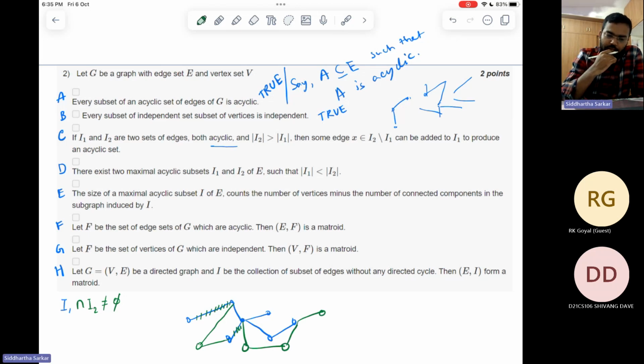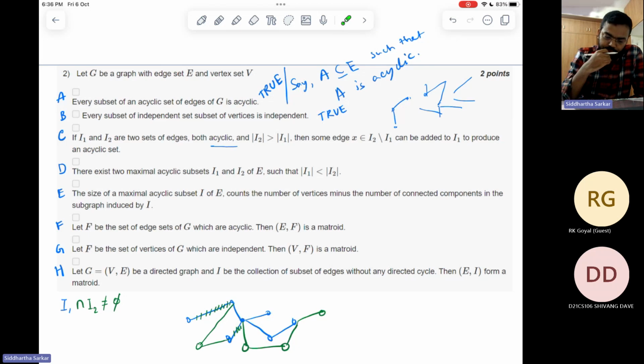The statement is claiming that because I2 has strictly more edges than I1, there must be one edge which is in I2 but not in I1, exclusive to I2, that can be added to I1 such that even after the addition of that edge, I1 remains acyclic.